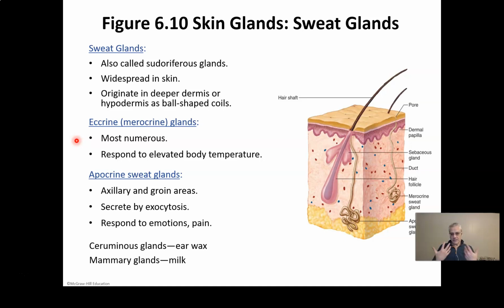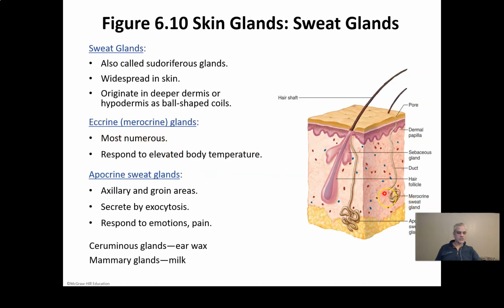When you sweat, the sweat that you think about, that watery substance that comes to the surface of the skin, is coming from the eccrine gland, right? As it says, it responds to elevated body temperature, trying to keep you cool. That's really the point. Here is a merocrine or eccrine sweat gland.